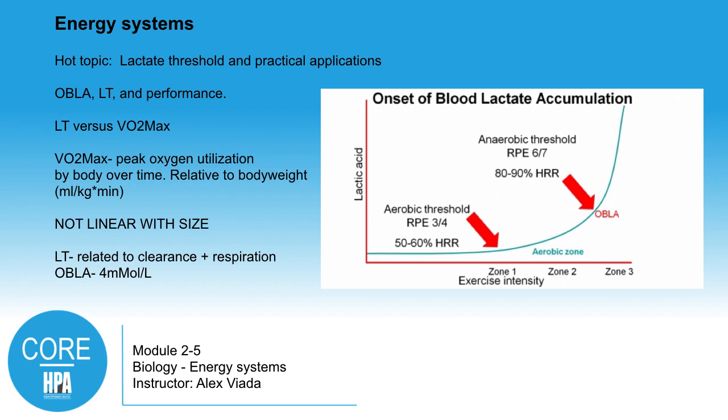VO2 max represents an absolute potential for that athlete. Increasing their lactate threshold indicates that the athlete has gone through adaptations that are going to allow them to perform at a higher level of intensity for a longer period of time. It does not mean that one athlete is necessarily superior to another, because as we've indicated, all of these things are absolutely individual.